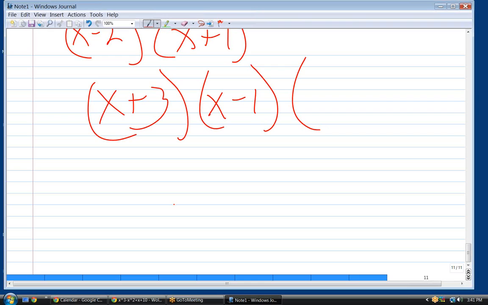And notice that the two rational answers we came up with do indeed fit the rational factor theorem. In other words, 3 is a factor of 51. 51 is 3 times 17.